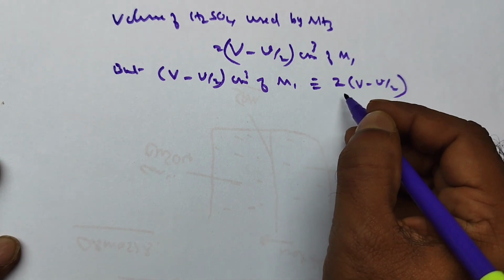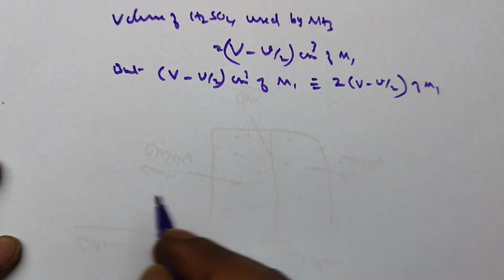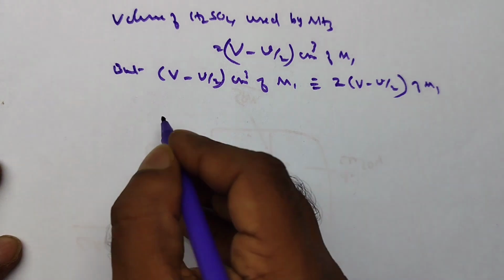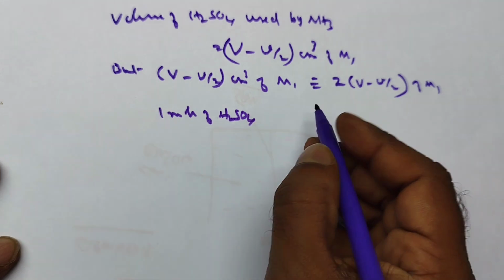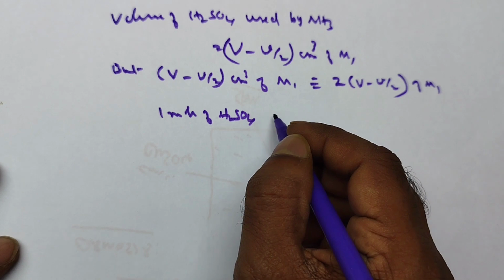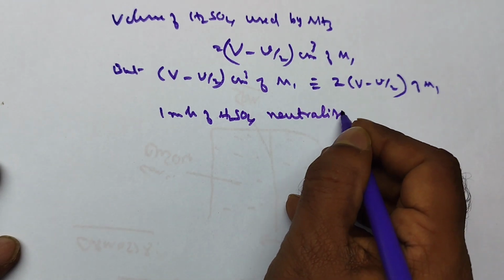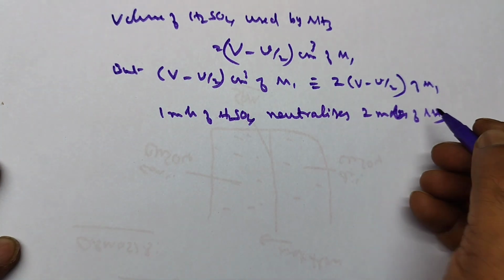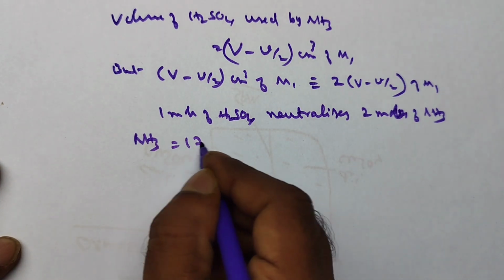We put this 2 because it is the number of replaceable hydrogen atoms in sulfuric acid of M1. 1 mole of H2SO4 neutralizes 2 moles of ammonia gas.